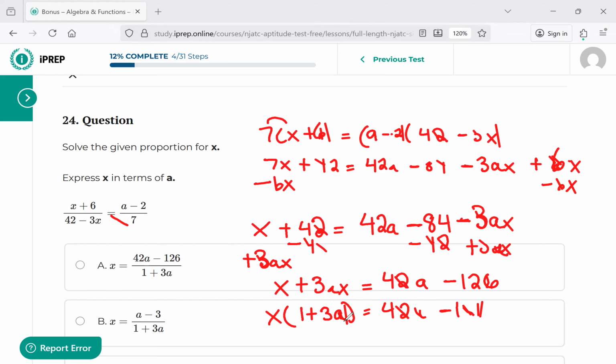To solve for x, I'm going to divide both sides by 1 plus 3a, and I get the first one.